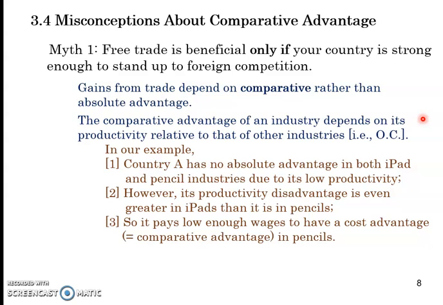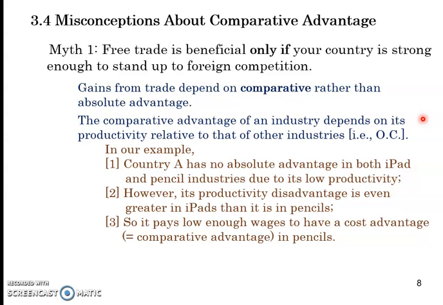So every country has a comparative advantage, but some countries, especially the poor ones, may not have any absolute advantage. Again, for global trade, what matters is comparative advantage. So if a country has a comparative advantage, then it should benefit from global trade.